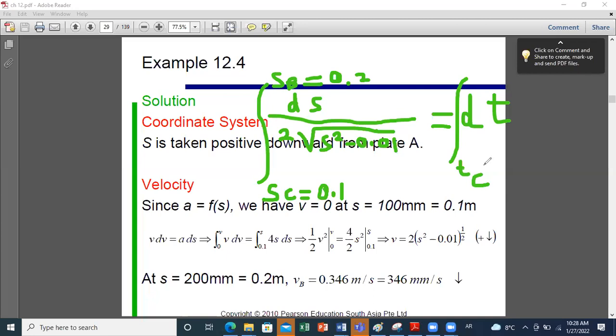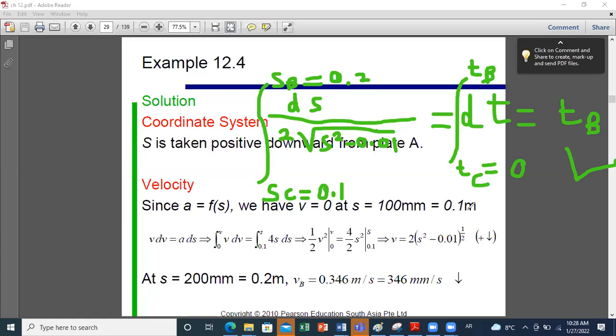Since the origin of time is selected at point C, TC is 0, and TB is what I want to find. So when I integrate dt, since the function here is 1, the integral of dt is t, so this will give me TB. And then I can solve for the time needed to reach point B.